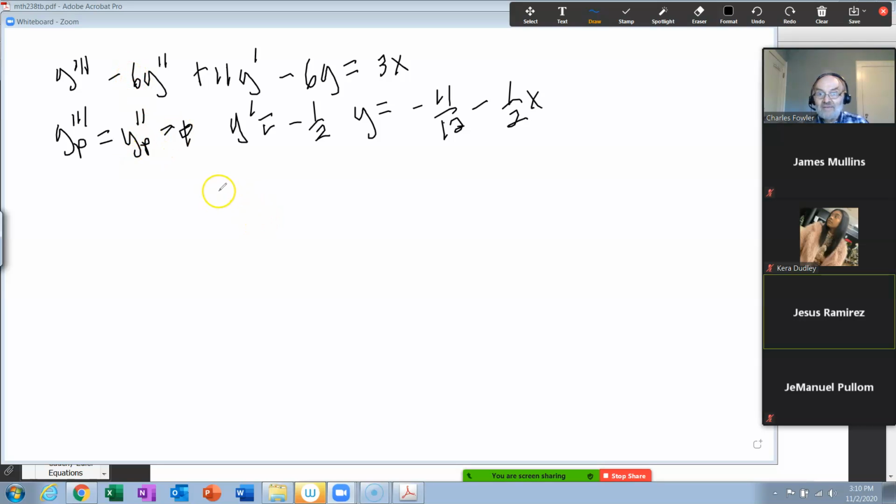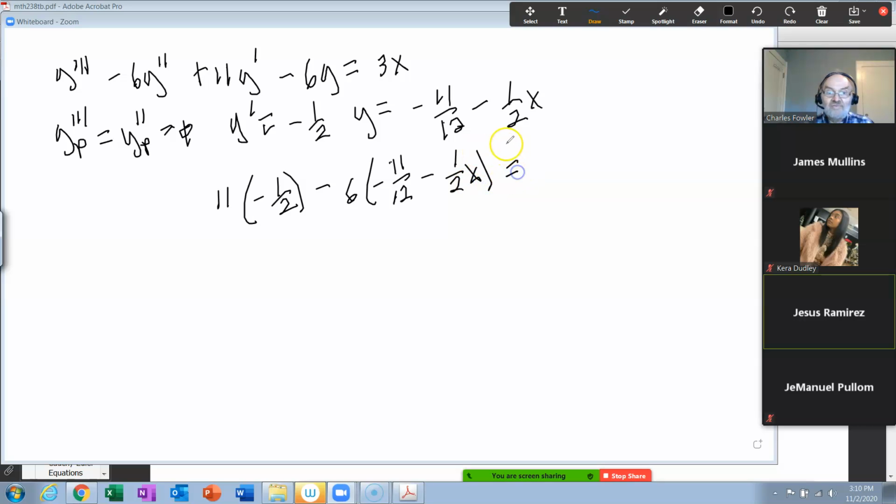This would be 11 times a negative 1/2 minus 6 times a minus 11/12. Now let me make sure I am remembering that right. Yeah, I believe so. Minus 1/2 x.